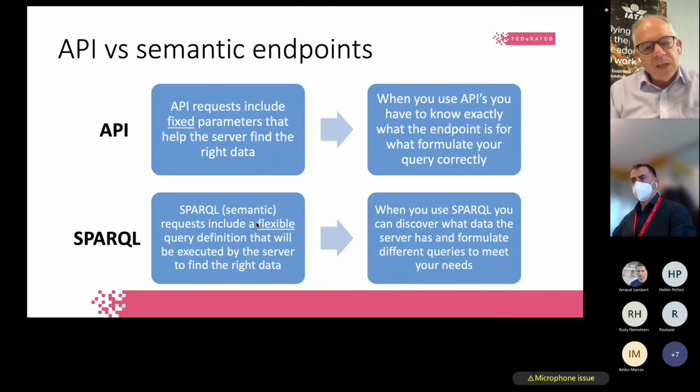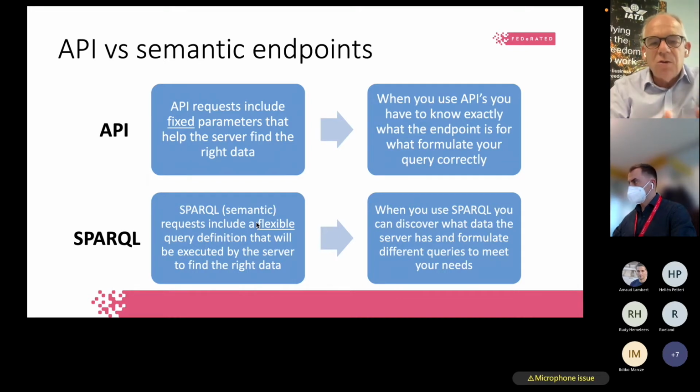SPARQL endpoints, we use them when we don't really know in advance what the question is. It could be the weather, it could be a flight booking, it could be a question about congestion, it could be a question about what the visa requirements are, lots of different types of questions. Then you don't really know in advance what the question is going to be.